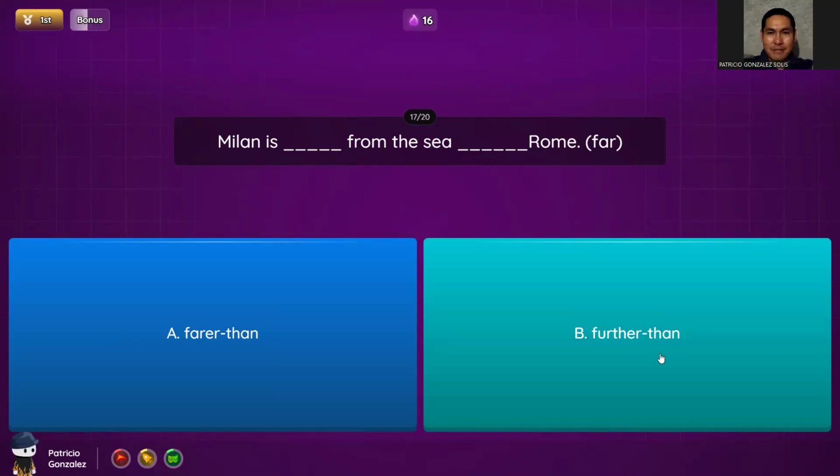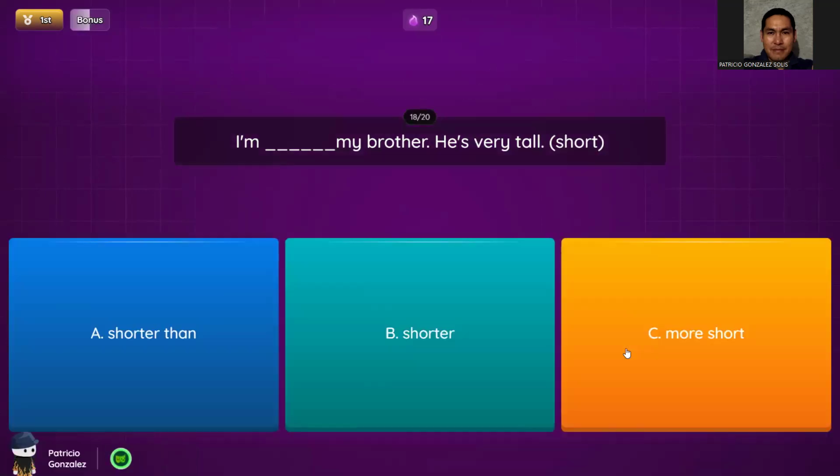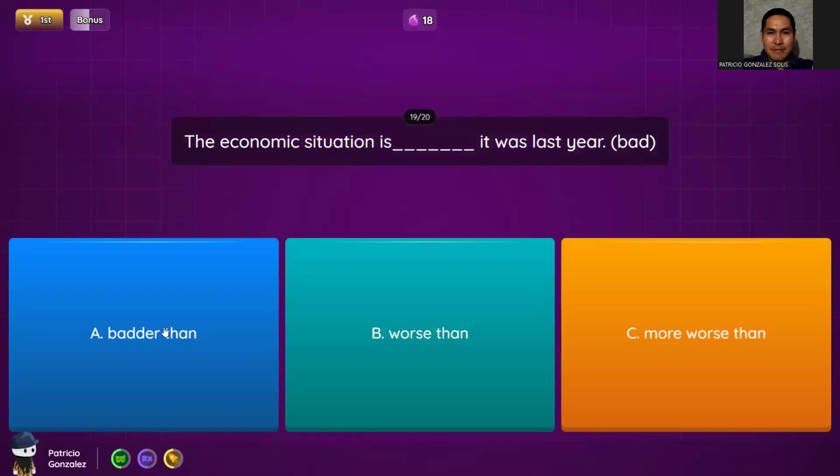Irregular, further. Yep. Okay. Now, two people. I'm shorter than my brother. He's very tall. Exactly. Differences. Now, economic situation.